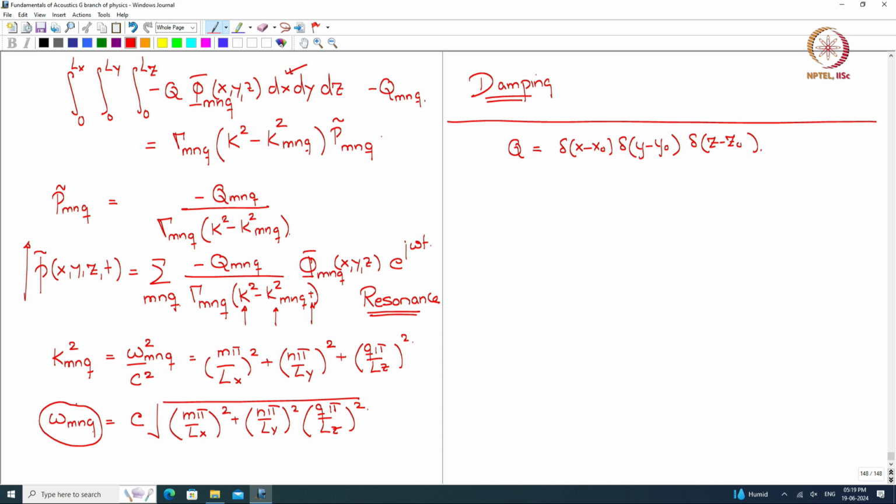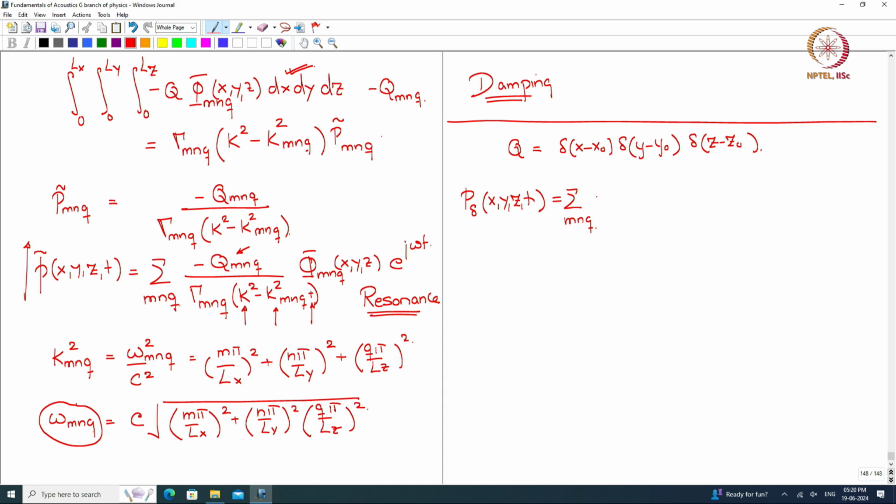The p of x, y, z, t is given by the triple sum over m, n and q, and this q m n q will change.